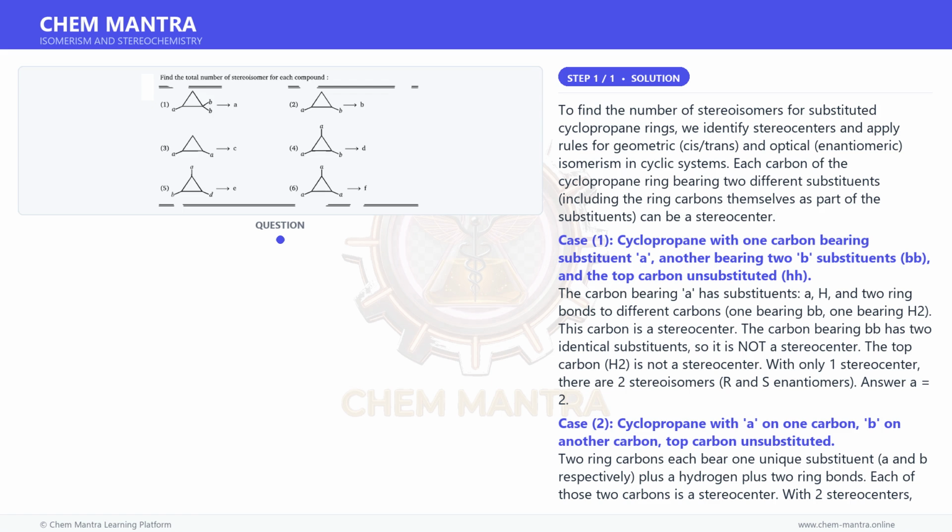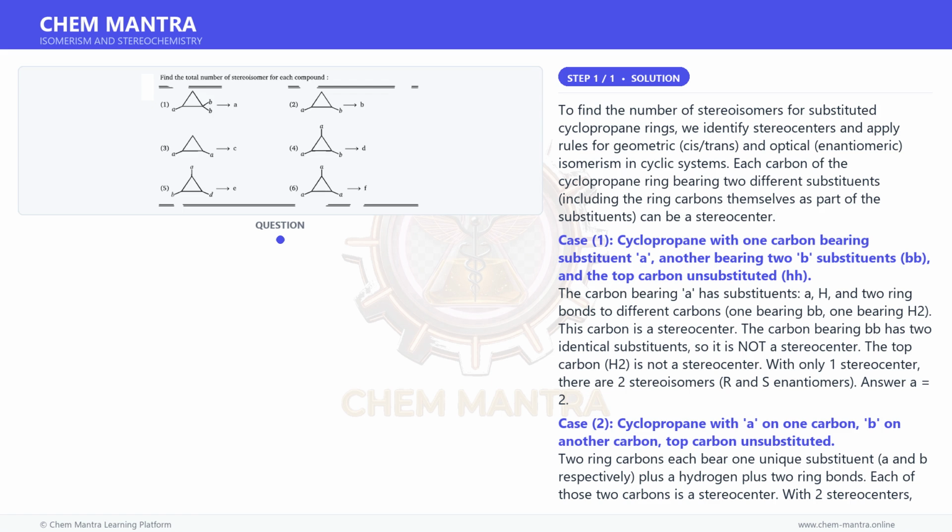We check for meso, since the two substituted carbons bear different groups, A versus B, no meso form is possible. So all four stereoisomers are distinct. Cis R,S and cis S,R form an enantiomer pair, as do trans R,R and trans S,S. That gives 4 stereoisomers. Answer B equals 4.